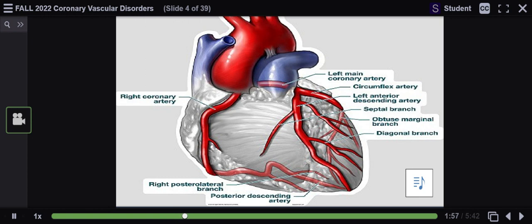Basically, the RCA supplies blood to the inferior wall of the LV, the posterior wall of the LV, and patients with a right coronary artery occlusion will experience bradycardia, AV block, right ventricular failure, and what we call an inferior or posterior wall MI, or myocardial infarction.